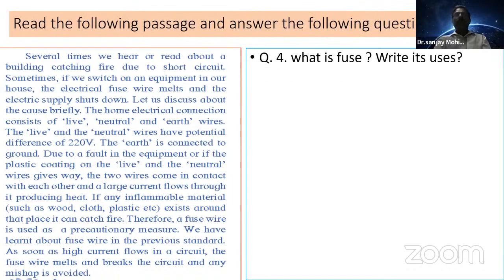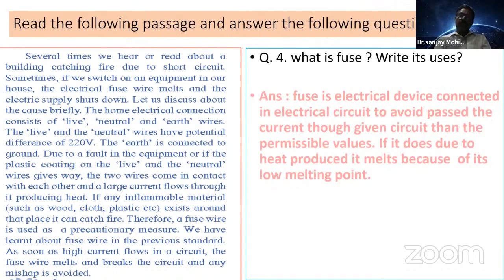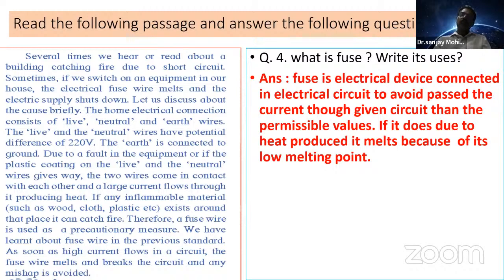What is a fuse and what are its uses? As I told you, a fuse is an electrical device connected in an electric circuit, and you have to remember that a fuse is always connected in series, and an ammeter is also connected in series. Why is the fuse connected in series?